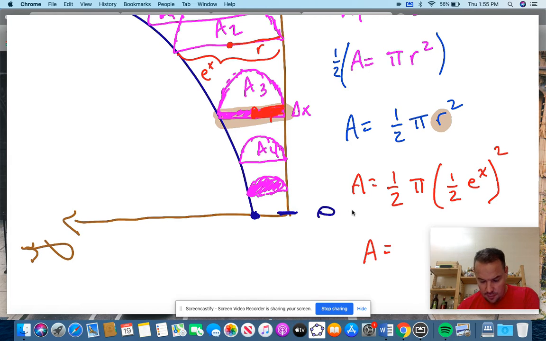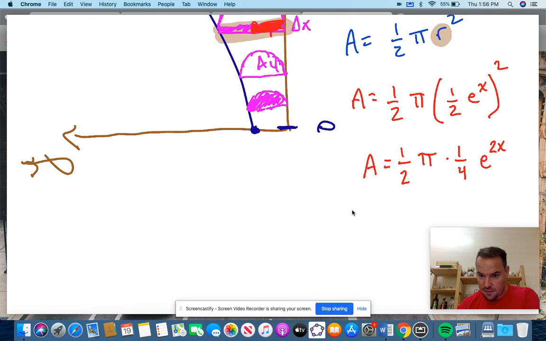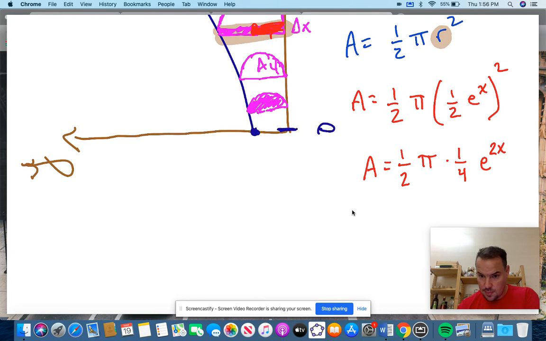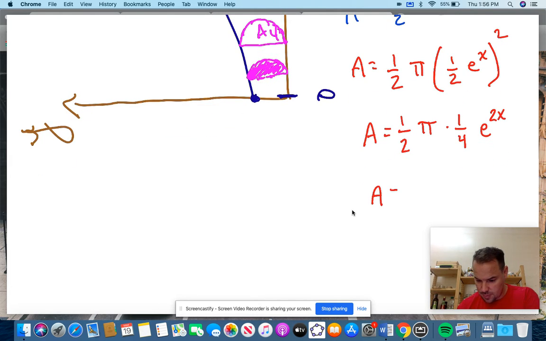Therefore, the area of one of these semicircles would be 1/2, there's the semicircle, times pi times 1/4 e to the, oh, good. Great review here. What happens when you have a power raised to a power? What do you do when you have that? You multiply. So that would be e to basically 2x. If I clean that all up, class, the area of this thing is pi over 8 e to the 2x. That would be one of them.